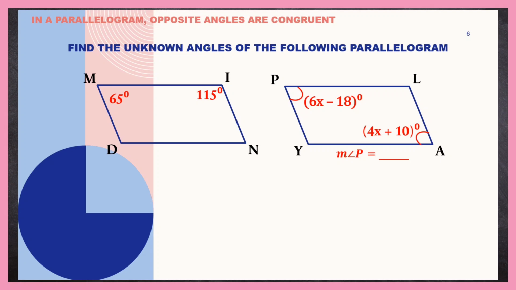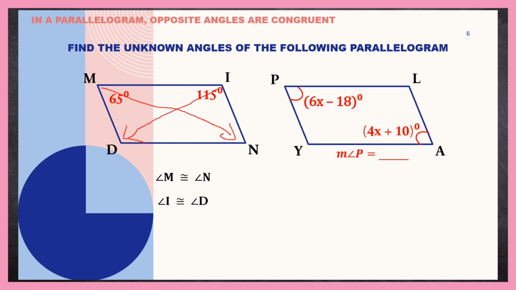So without further ado, let us do this example. Angle M is congruent to angle N. Okay, so we have here, these are opposite angles. So it means angle M is congruent to angle N. Another, angle I is congruent to angle D.